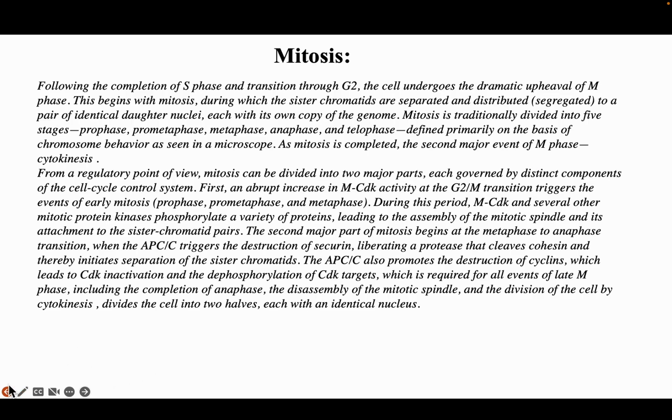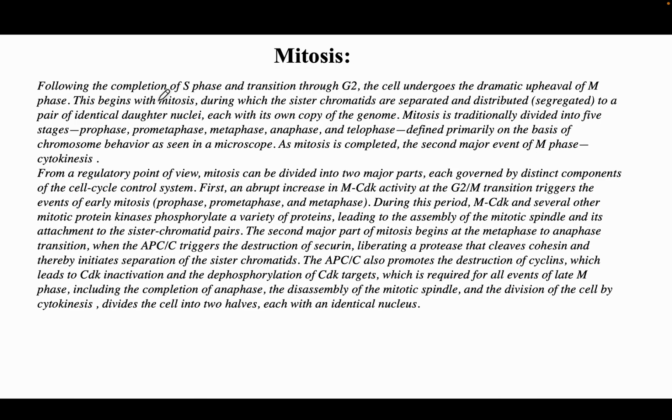Today we'll just brush up some concepts of mitosis, which was discussed in the week 4 lecture contents. In yesterday's class we went through S phase and all the interphase phases.